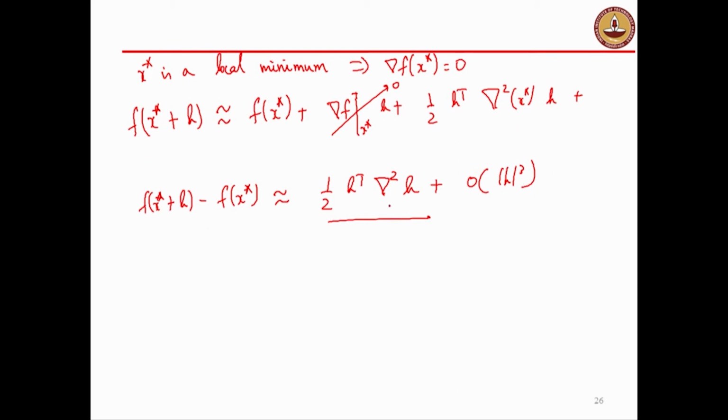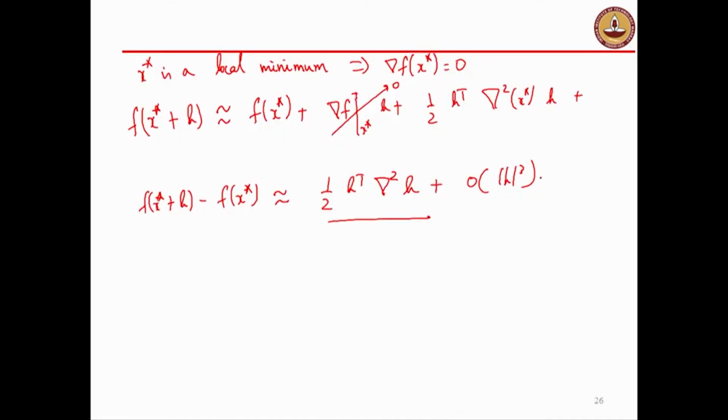What I am claiming is that if I decrease h small enough, the sign will be dominated only by this term, because this grows as h square, and the higher order term is of order h cube. When h becomes smaller, finally this term will dominate, and you can neglect the higher order term in comparison. These are very rough intuitive arguments, not very formal arguments.